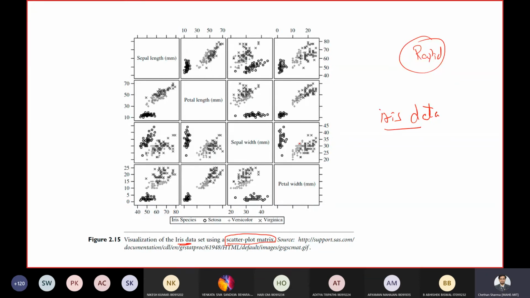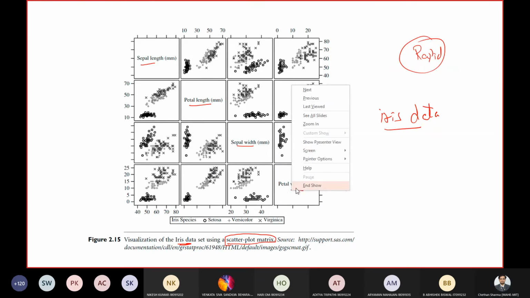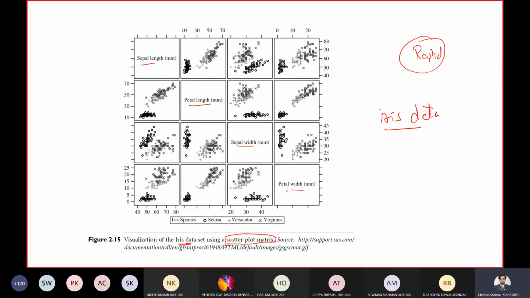Iris is like a flower kind of thing. So there are 4 dimensions in it: the sepal length, the sepal width, the petal length, and the petal width.